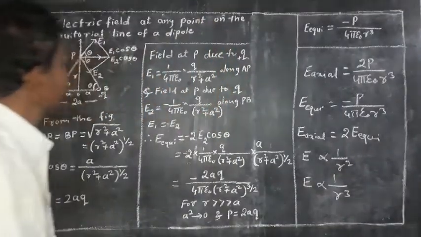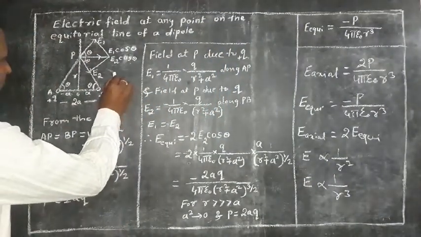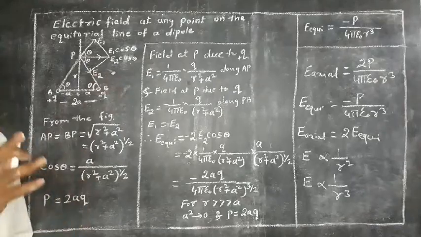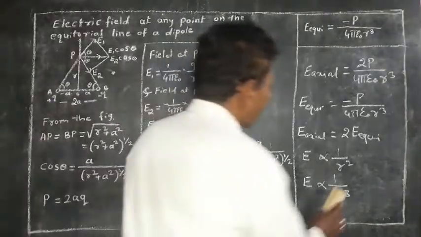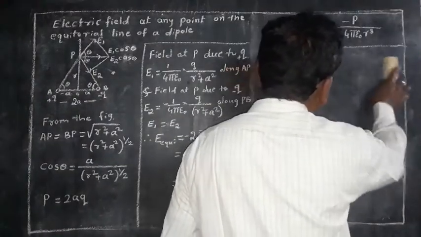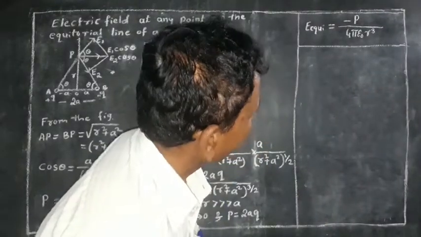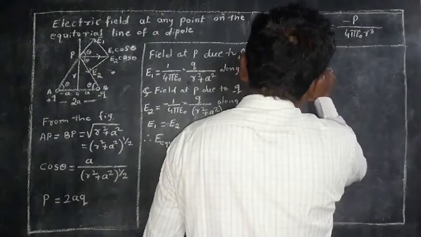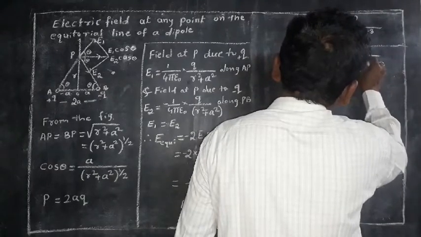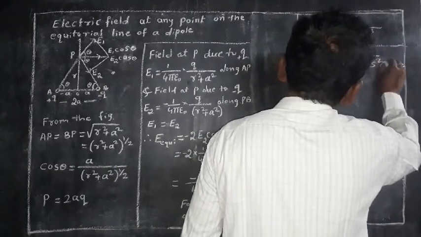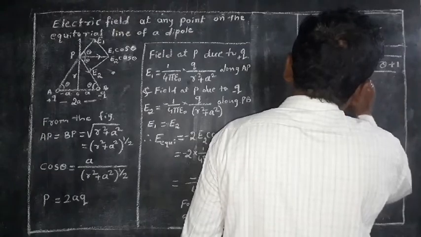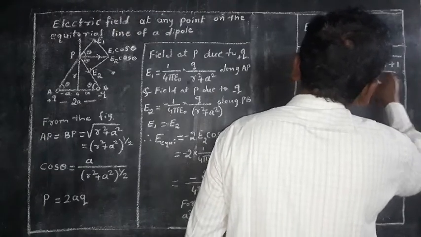And suppose the point lies at any point in the space around the dipole, in such cases the general formula to find electric intensity at any point in space around a dipole is given by E equal to P into square root of 3 cos square theta plus 1 upon 4 pi epsilon naught into R cube.